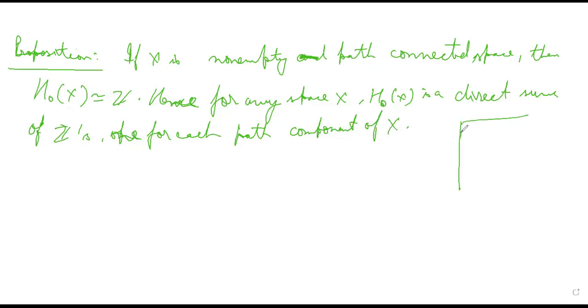So we have seen that Hnx equals the direct sum of Hnx alpha. In particular, H0 of x alpha, but x alpha is a path component. It means it is obviously path connected. So for each alpha, this is Z, right? So this is a direct sum of some copies of Z. So here the number of copies of Z will be the same as the number of path components of x.